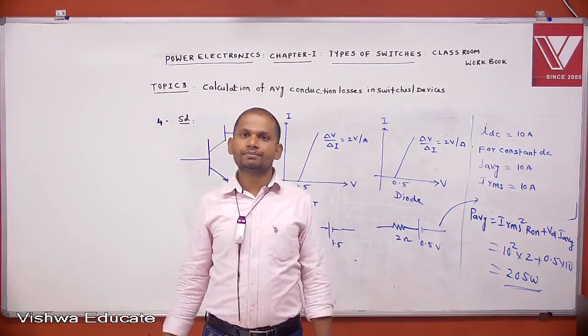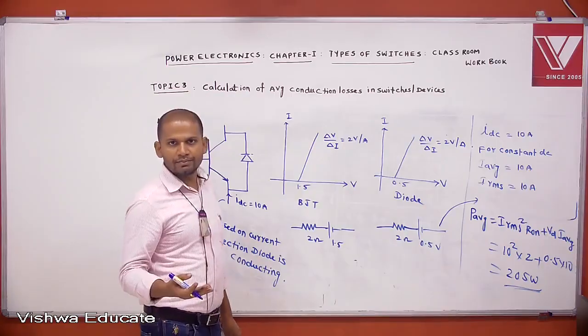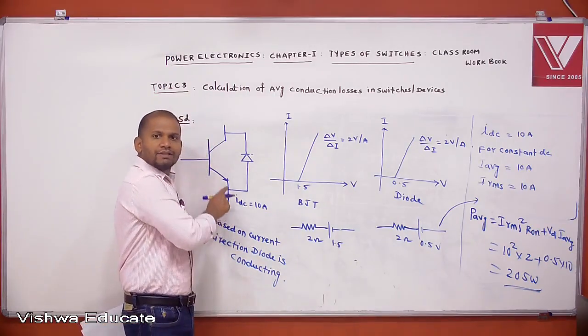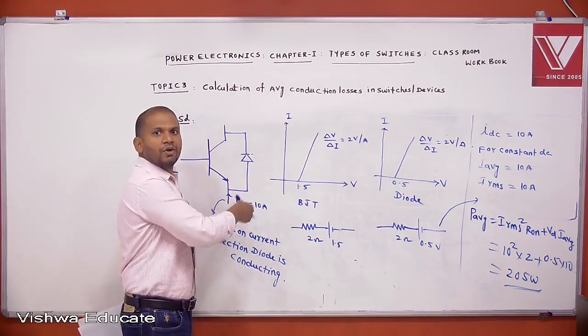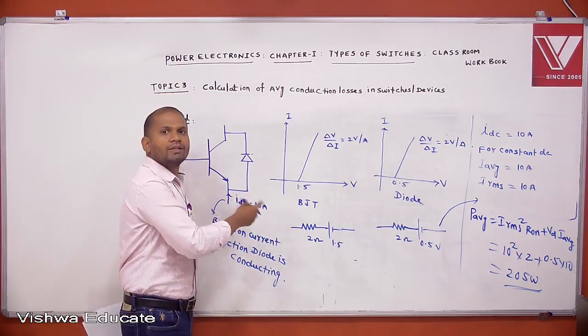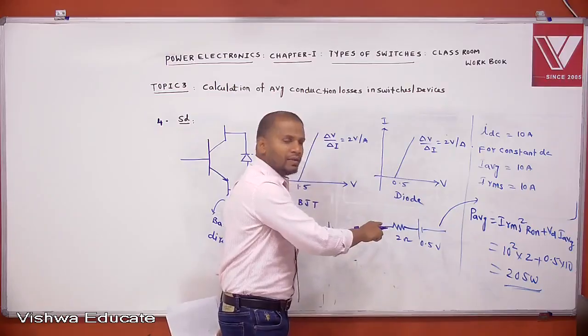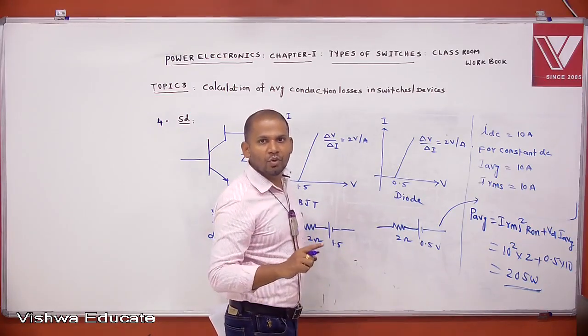Clear? If it is not mentioned which device to calculate, go by the figure. The current direction is like this, which means the diode is conducting, so you calculate the power loss in the diode. The diode is represented with an equivalent resistance and voltage drop, as a model.